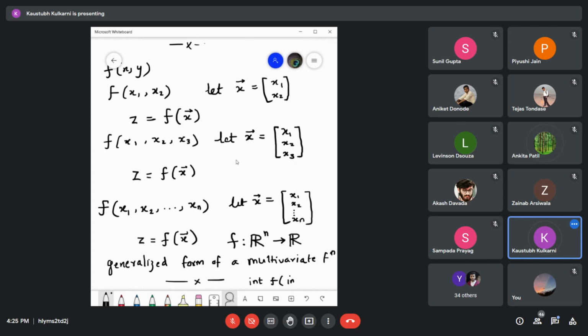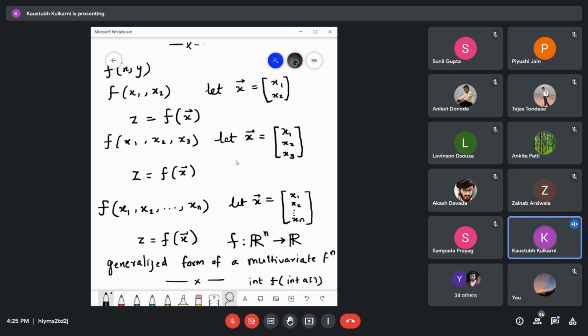It may be double or something, because we're dealing with real numbers. Just as an example, you are passing an array to a function, and it returns a real number.